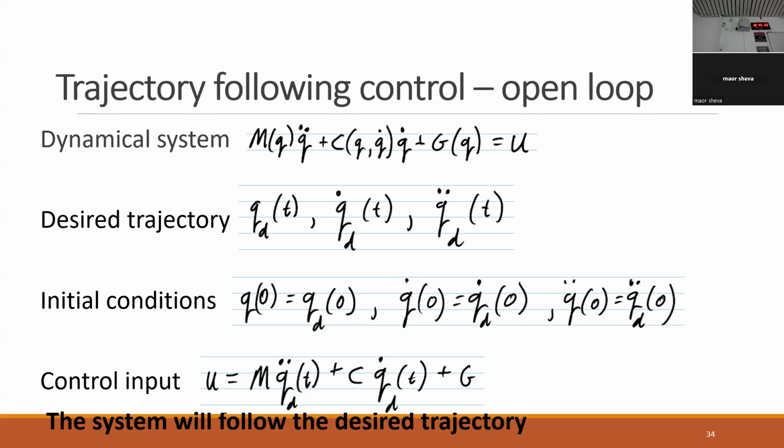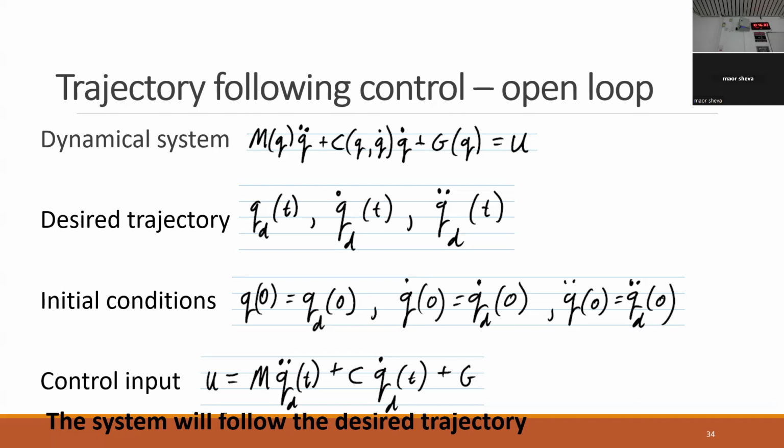And I have to be on the desired trajectory exactly. So I cannot have any errors, because if I do have error, I will get off the desired trajectory. I will not meet this equation, the dynamical equation, and the system will diverge. So that's the problem with open loop control.